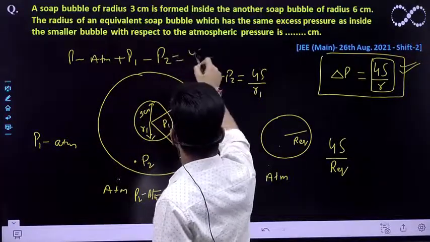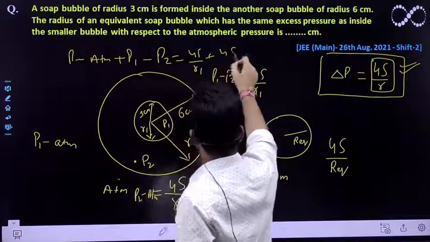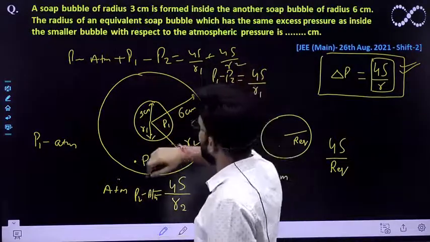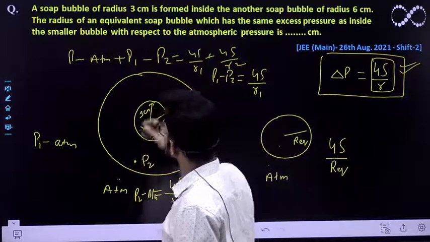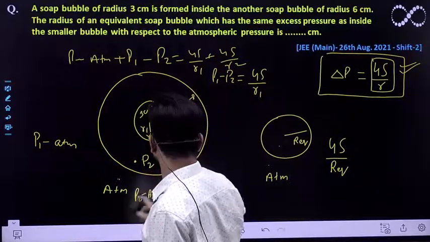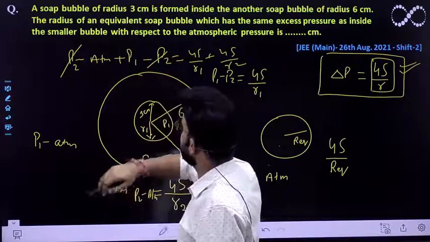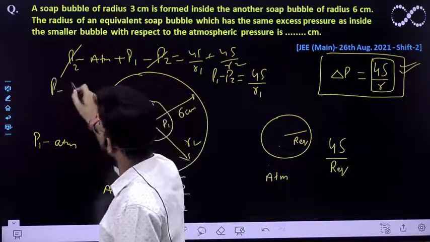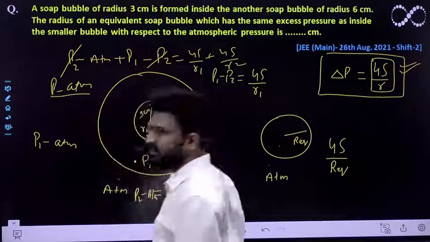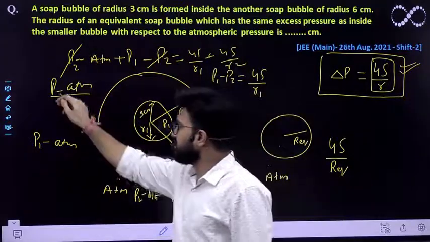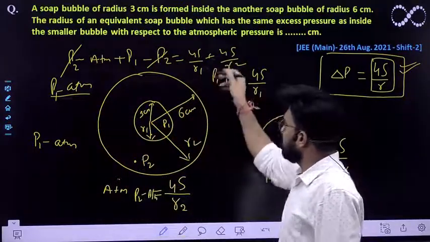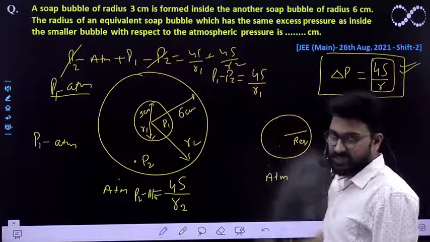This would be equivalent to 4S by R1 plus 4S by R2. The P2 terms cancel each other out, so you get P1 minus ATM. So this is the expression we need to find. P1 minus ATM must be equal to 4S by R1 plus 4S by R2.